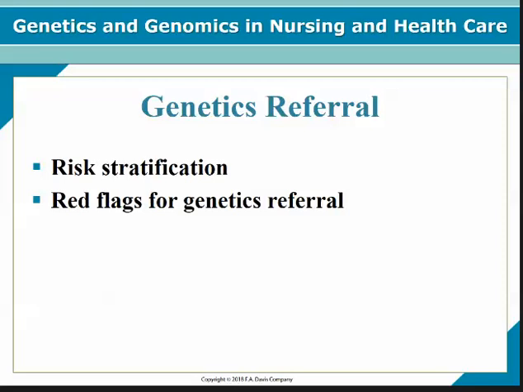The one I'm going to go over first is the SCREEN acronym, and SC stands for some concern. Do you have any concerns about diseases that might run in your family? This is a good question to ask when you're taking a family history. Or, one type of cancer diagnosis that seems to show up in a lot of family members.